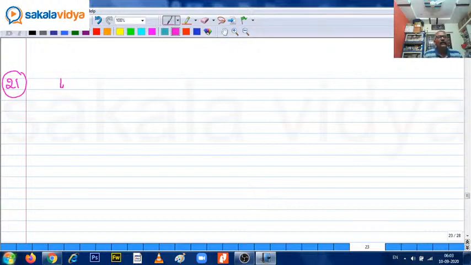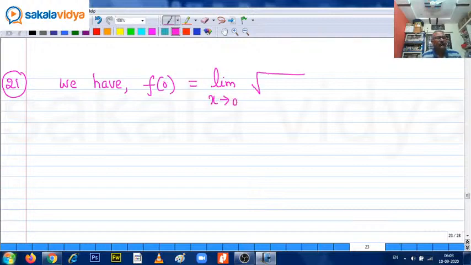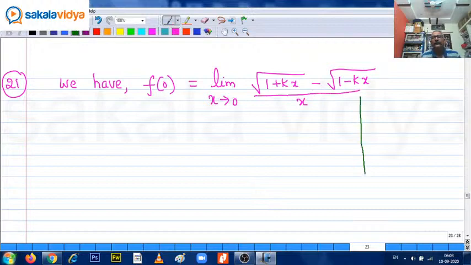So now we have f of 0 equals limit x tends to 0 of root of 1 plus kx minus root of 1 minus kx upon x. We have one important trick.